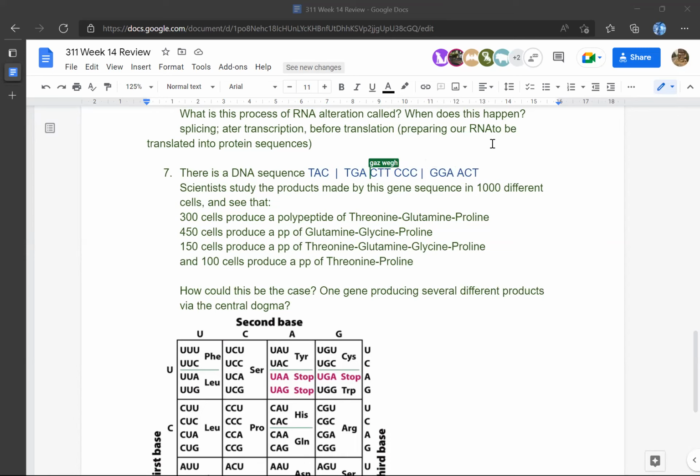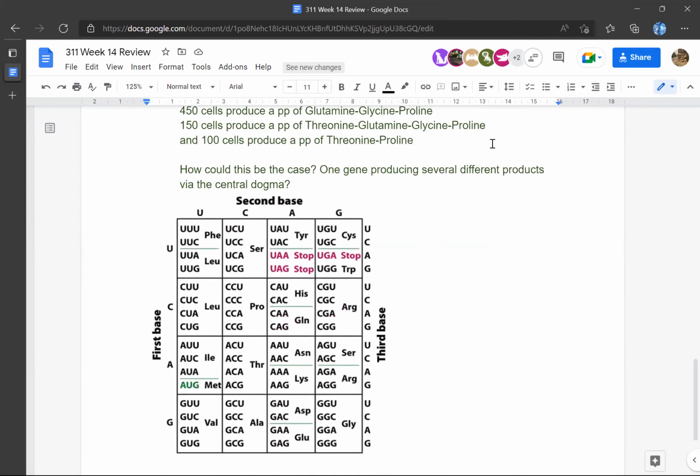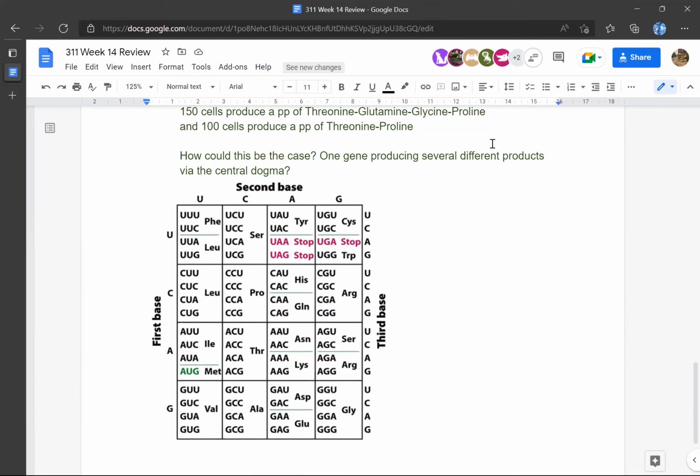But maybe in a different kind of cell you have different cleavage sites. So whether the cleavage site is here versus here versus here will determine which exons get stuck together. And that, as we can see by this codon table, will produce different amino acids.